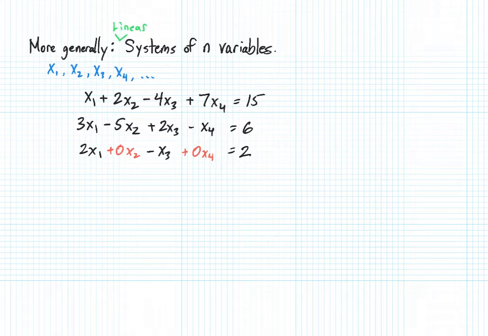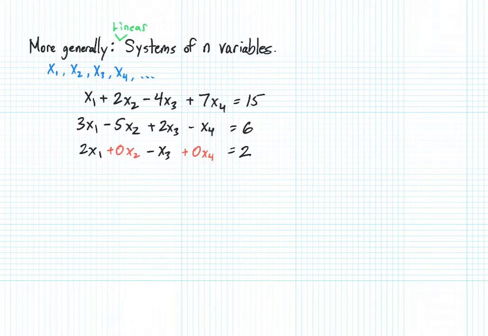You don't have quantities like x1 squared or x1 times x2 or like sine of x1 or e to the power of x1. It's just constant times x1, constant times x2, constant times x3, constant times x4, and then equals a constant.